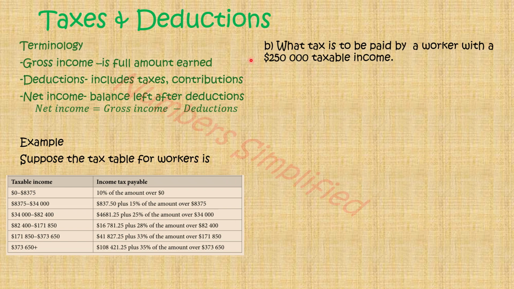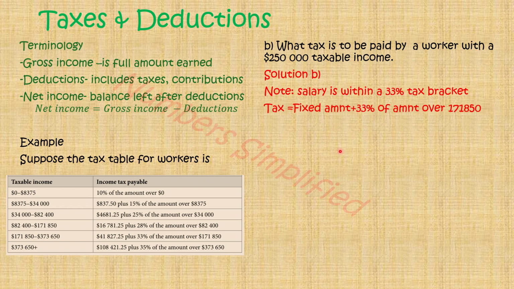Now, let's move on to the second part. What tax is to be paid by a worker with 250,000 taxable income? So, just as before, we see that the salary is within the 33% tax bracket. Therefore, the tax that is going to be paid is going to be a fixed amount plus 33% of the amount over $171,850.